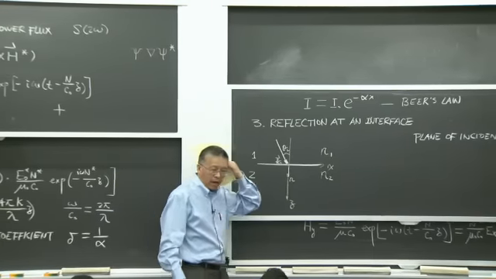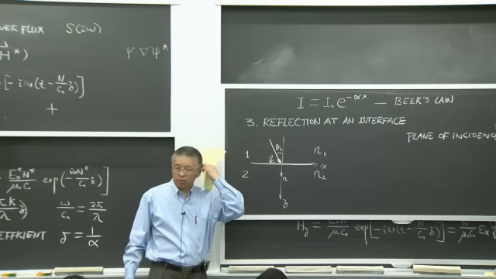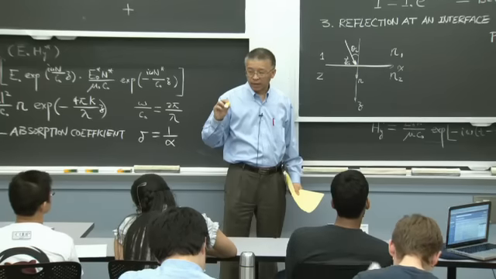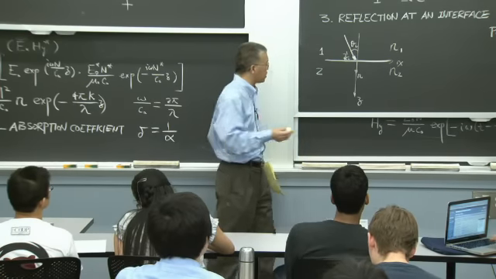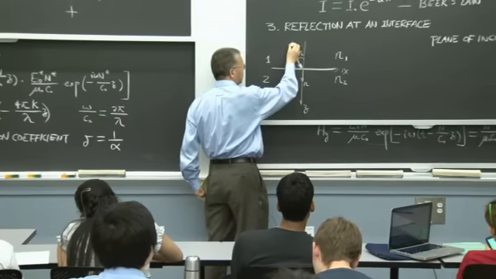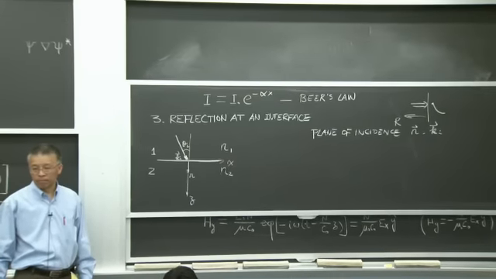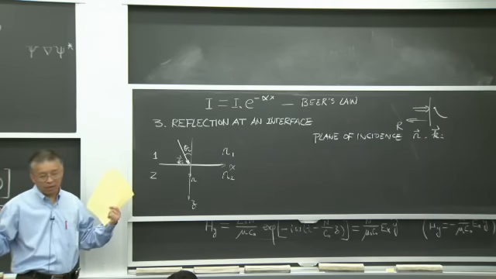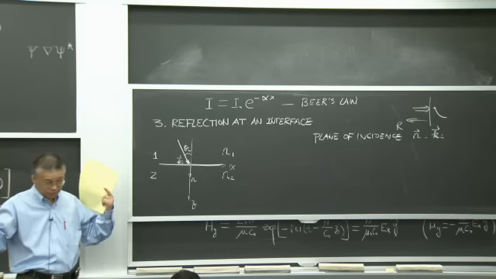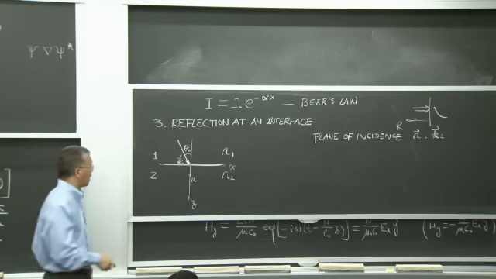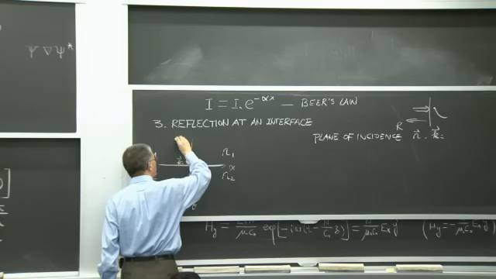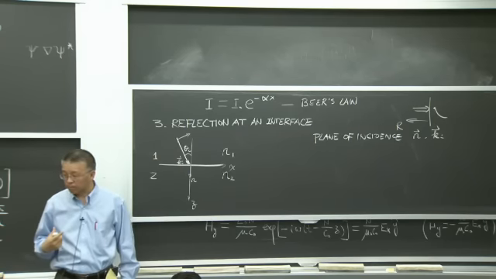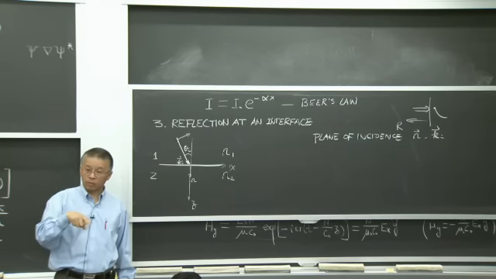Now I have to say the field is a vector field. It's perpendicular to ki, right? But I have to define which direction, because it could be any direction perpendicular to ki. But any such vector I can decompose into the sum of two vectors. So I can always define one case where my electric field is in the plane, and the other case where it is perpendicular to the plane.